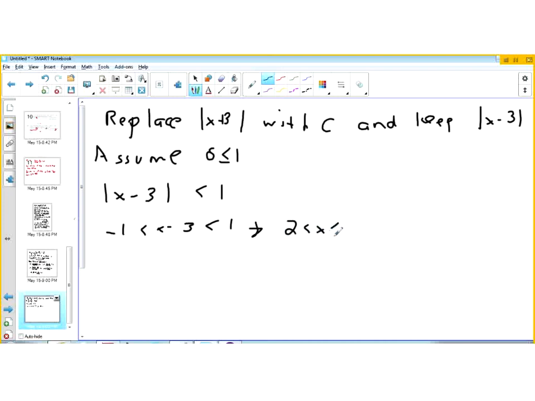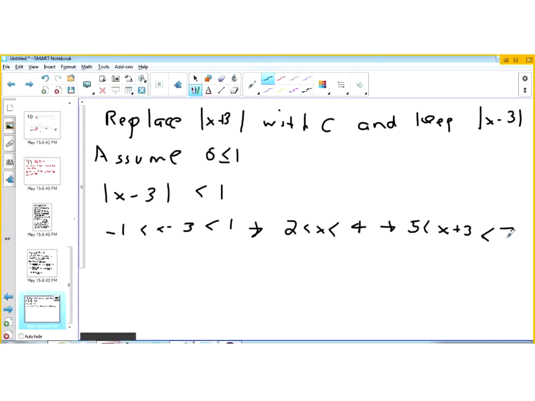And we'll have negative 1 is less than x minus 3, which is less than 1. We want to transform this into an expression of x plus 3. If I add 3 to everybody, I'll have 2 less than x less than 4. Then if I add 3 to everybody again, I'll have 5 less than x plus 3 less than 7.